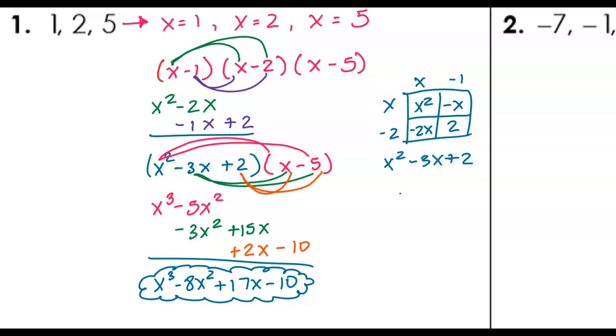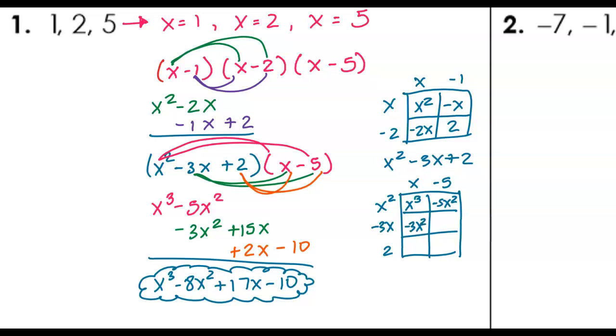Then we need to take this and multiply it by the next factor. So we get x cubed minus 5x squared minus 3x squared, 15x, 2x, and we have negative 10.